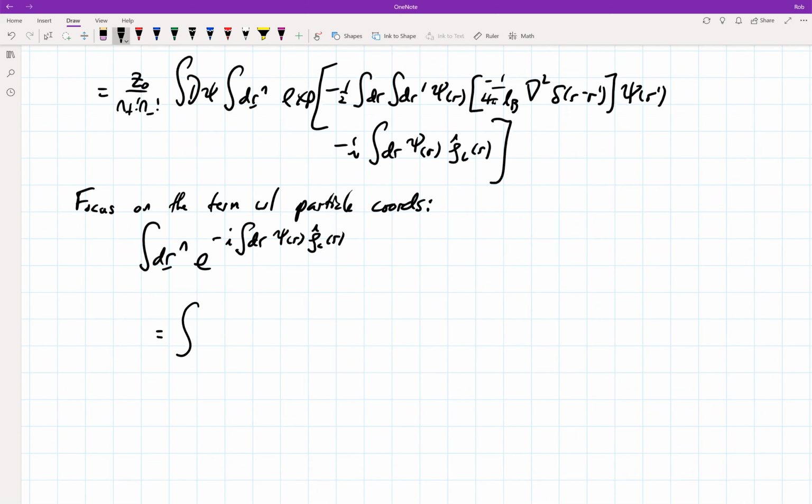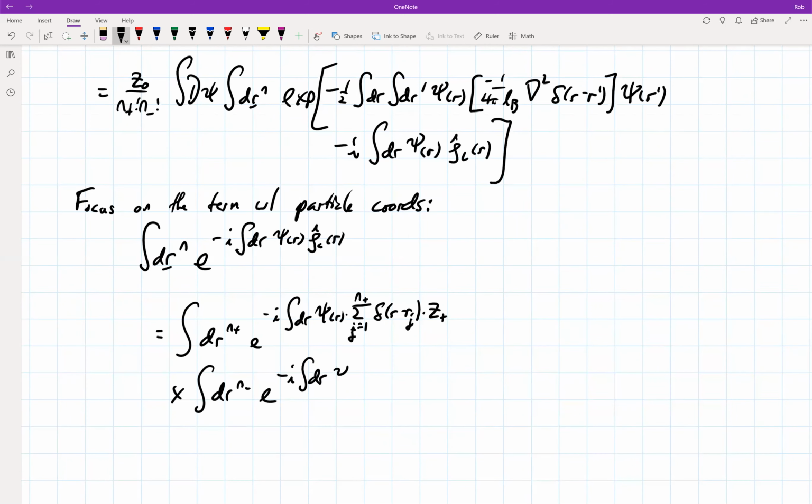Right, so we can make this now integral dr to the n plus, e to the minus i dr psi of r, and then we have the sum over j from 1 to n plus delta of r minus rj, times z plus, and then all of that multiplied by dr to the n minus, e to the minus i sum over j to the n minus, r minus rj times z minus.